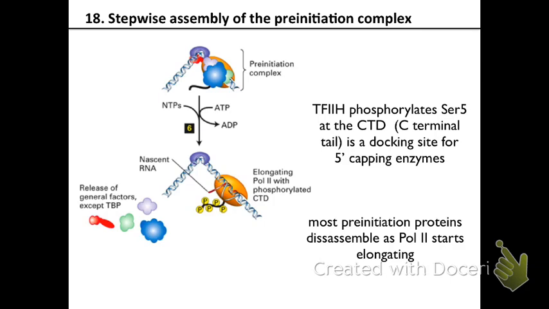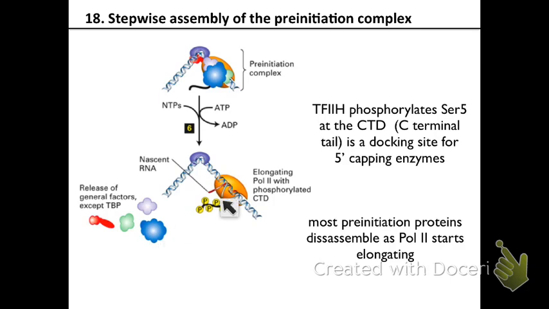All right. So once the RNA polymerase is released from the promoter, we call this escape from the promoter, and it starts initiating transcription. All of these general factors are released from the promoter.